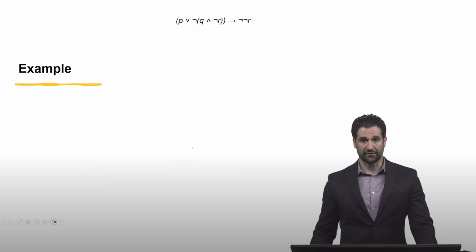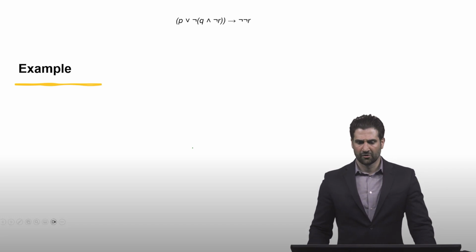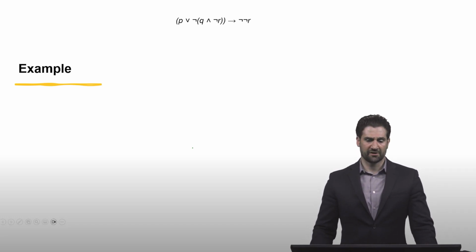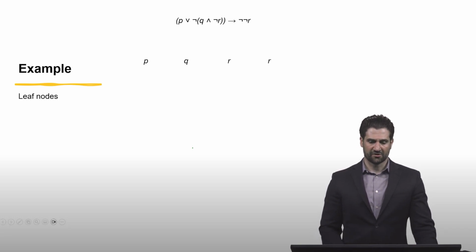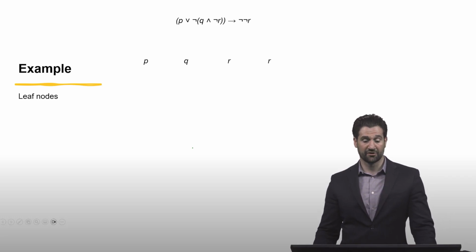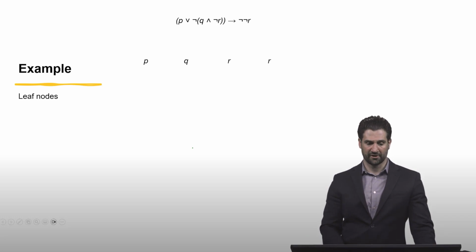So here's an example. Let's consider the following formula: P or the quantity not Q and not R, then not R. First let's make the leaf nodes with the propositional variables. Now we include R twice because it appears two times in the formula. Then we add nodes for negation.